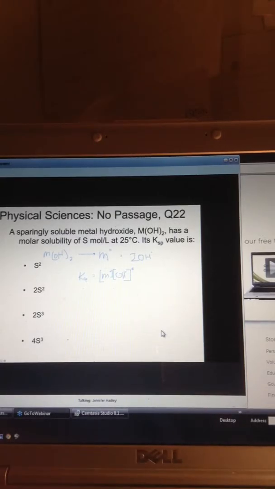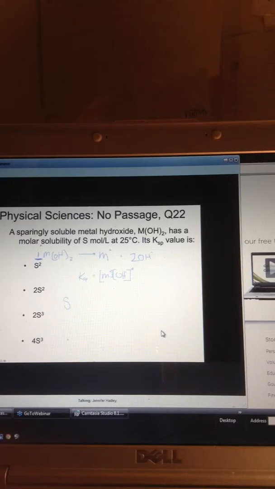Solubility is S. Okay, so molar solubility, what does that mean? That just means the number of moles that can be dissolved into a completely saturated solution. So S is the number of moles of this item here.